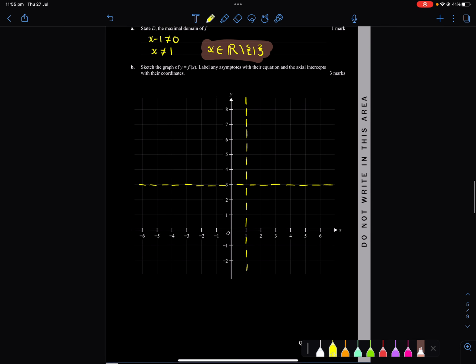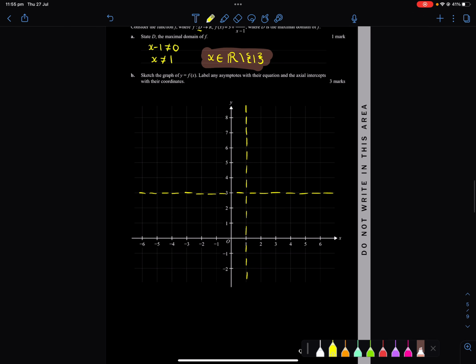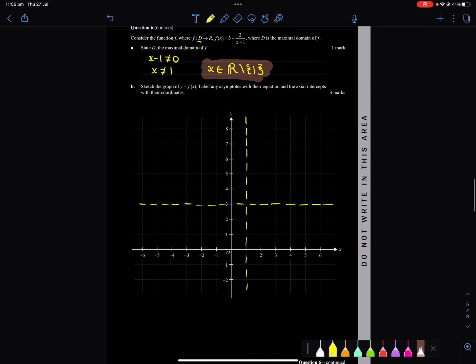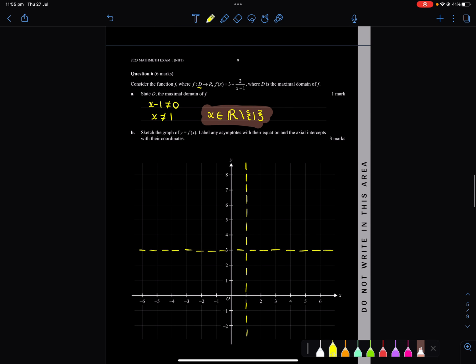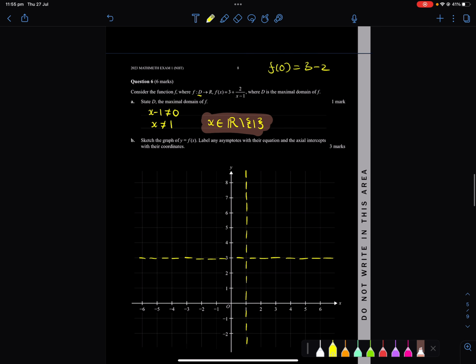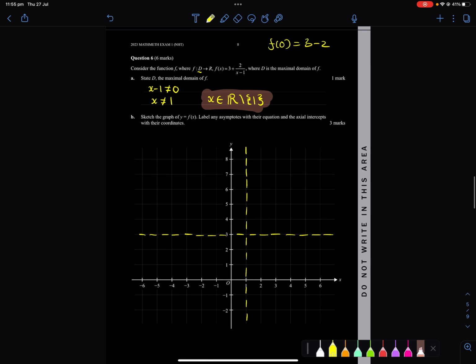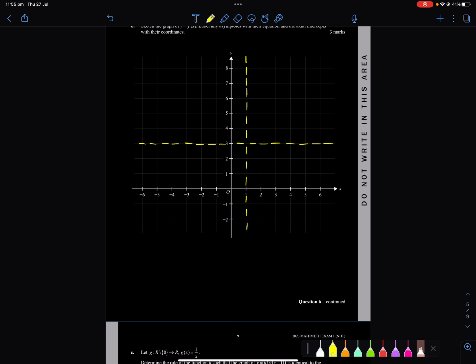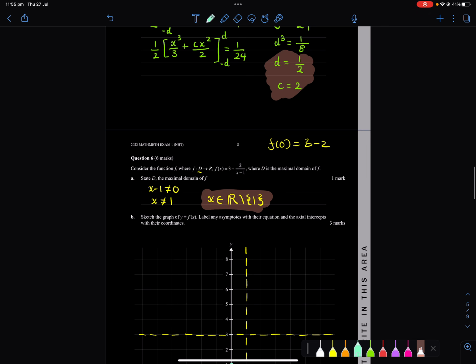So what I'm going to do is calculate the value of the y-intercept and the x-intercept. For the y-intercept, I'm going to let x equal 0, so that will be 3 minus 2, which is 1. So is that true? Okay, yeah. What about your x-intercept?